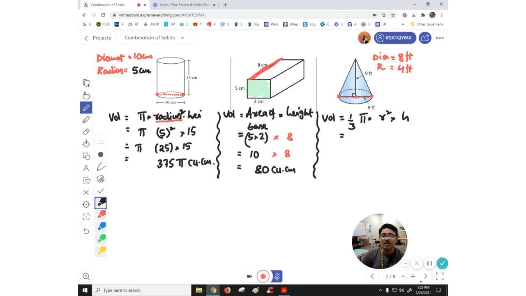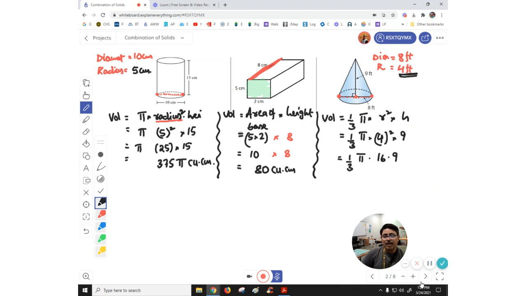Now just plug in these values. Pi, let it be pi. Radius is 4 units, so 4 squared. The height of the cone is given as 9 units. So 1/3 pi, 4 squared is 16, times 9.